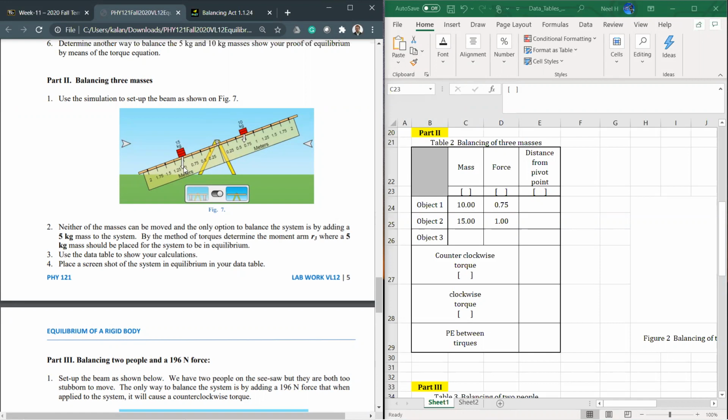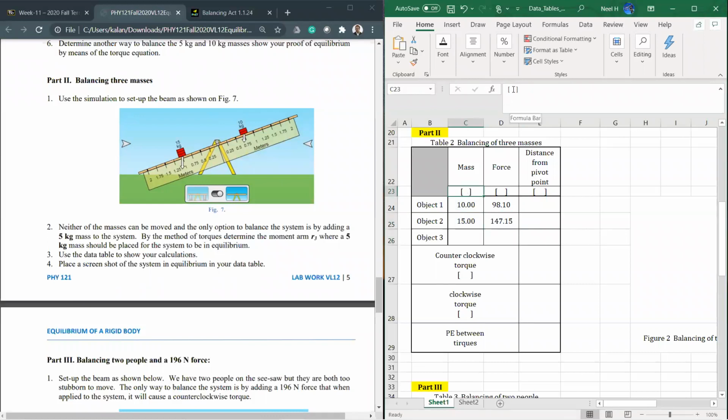Let's bring the 5 kilogram mass and try to balance the object, okay? This should be the force, which is 10 times 9.81. And then the force for object number 2 is 15 times 9.81.